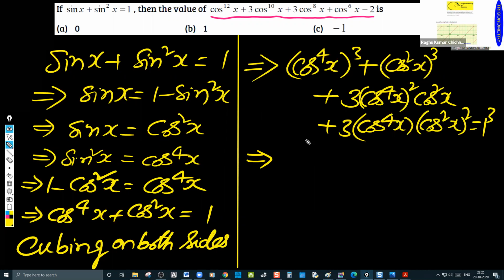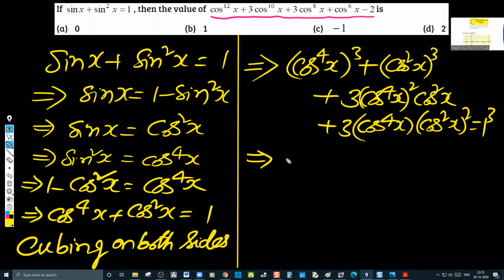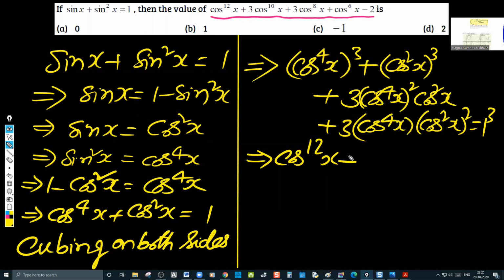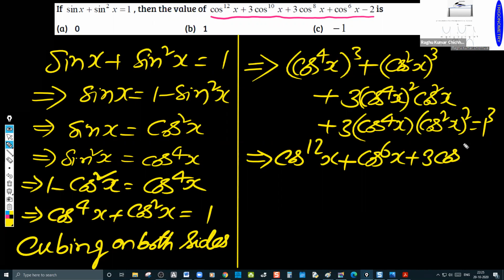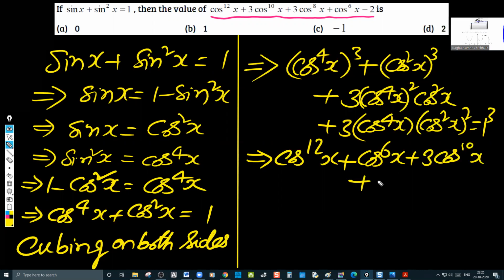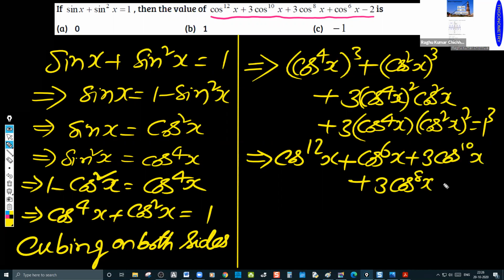Come on, tell me the simplified form of it. Cos 12x plus cos 6x plus 3 cos 10x plus 3 cos 8x is equal to 1.